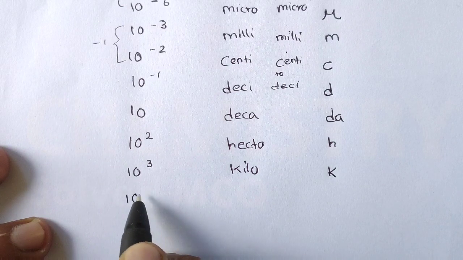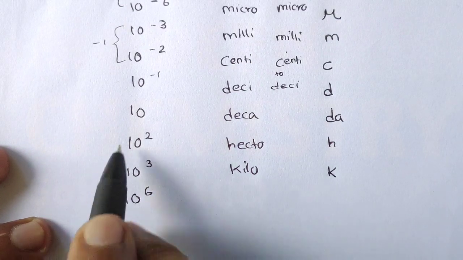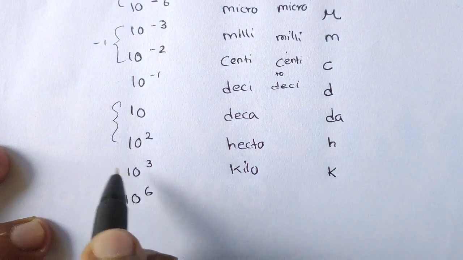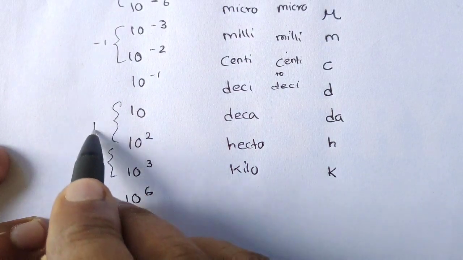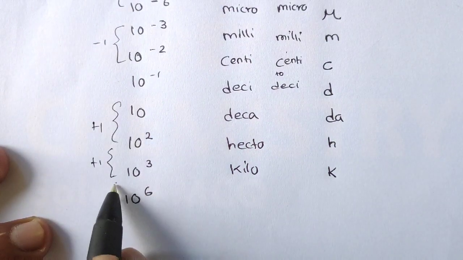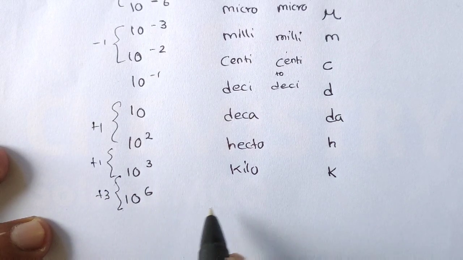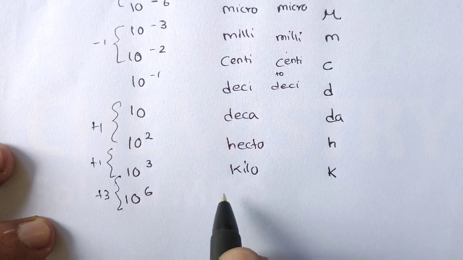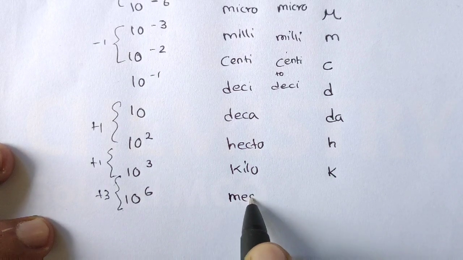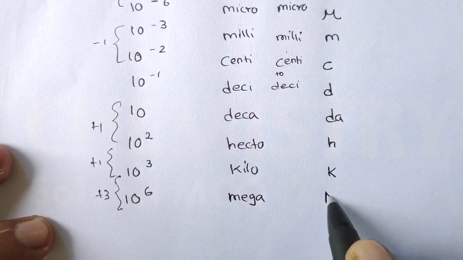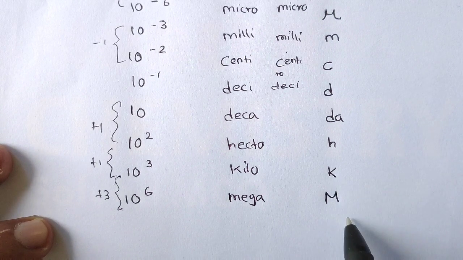Then 10 raised to 6. From here, only 1 was increased, plus 1, right? Now from here it is increasing by plus 3. 3 plus 3 is 6. So 10 raised to 6 is mega, that is capital M. Now from here all will be uppercase.